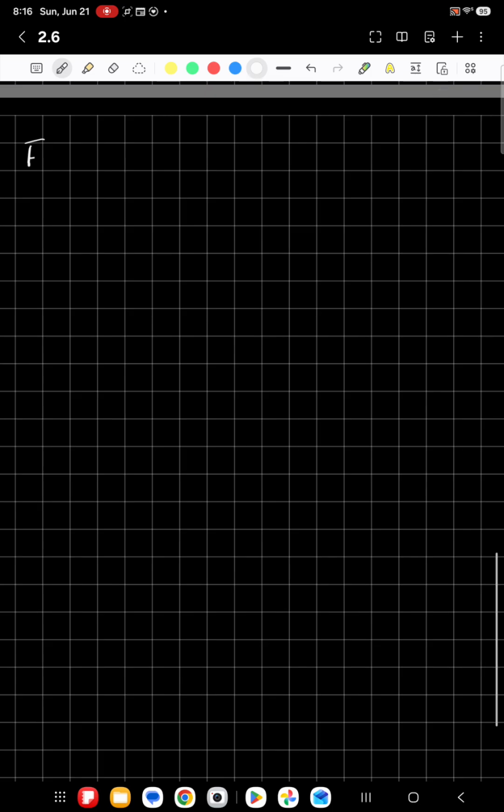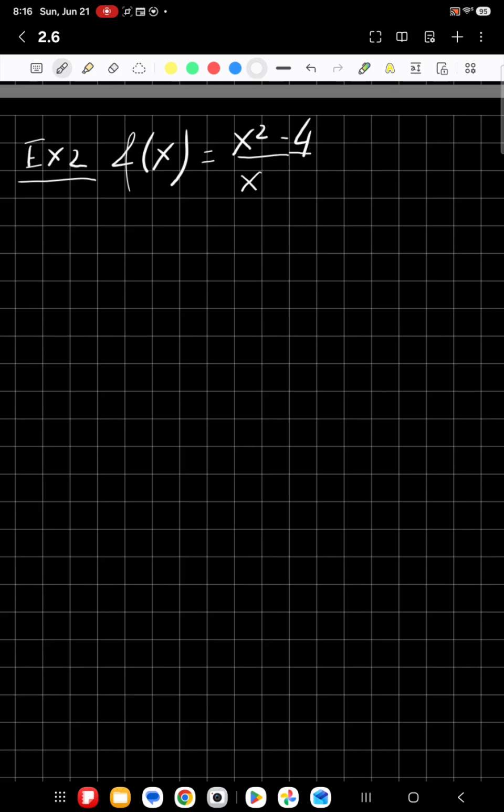So example 2, and this is our old familiar f of x equals x squared minus 4 divided by x minus 2. Yeah, so that was that function that we can cancel those two factors. So x minus 2.